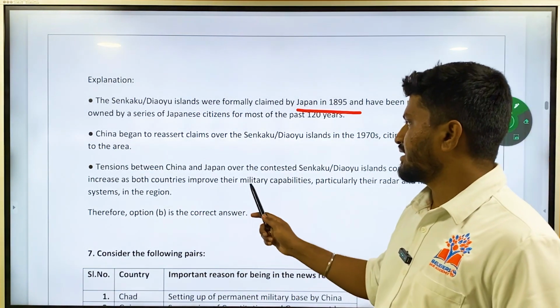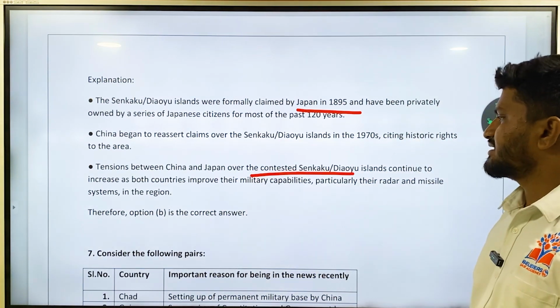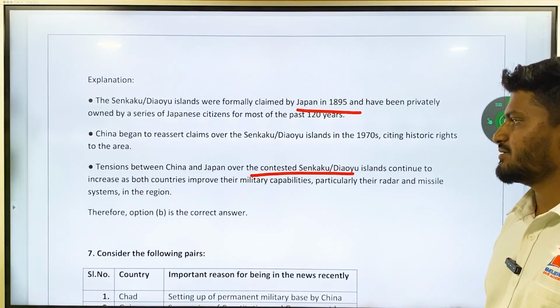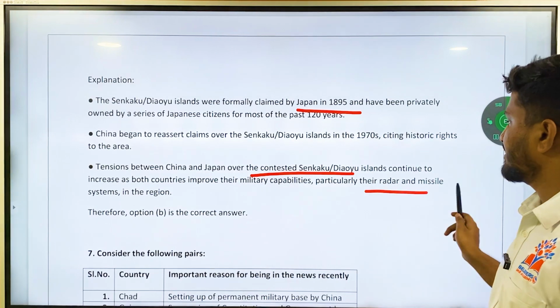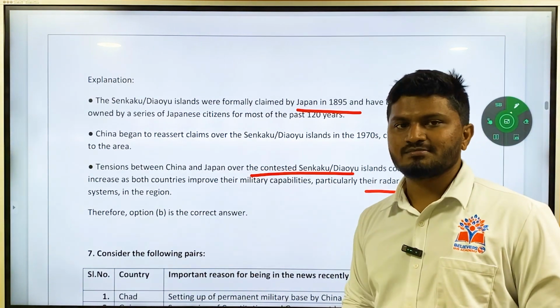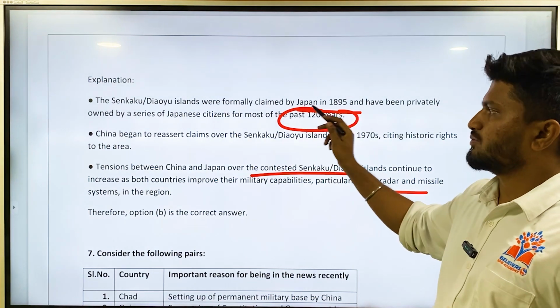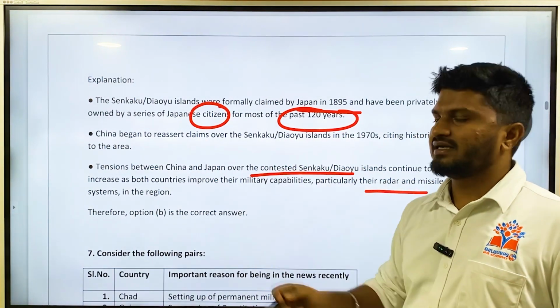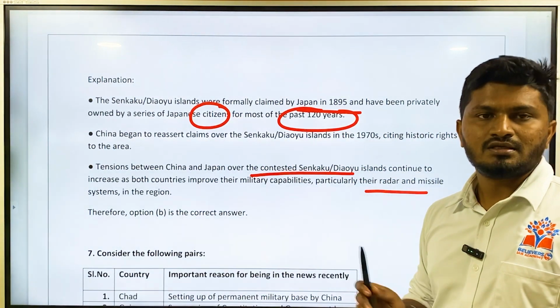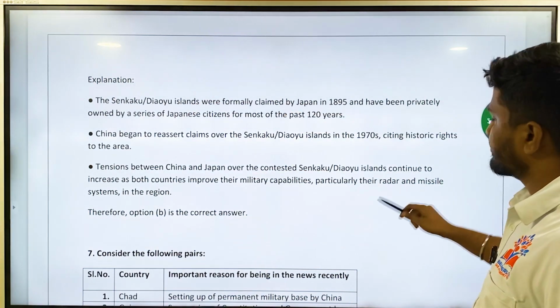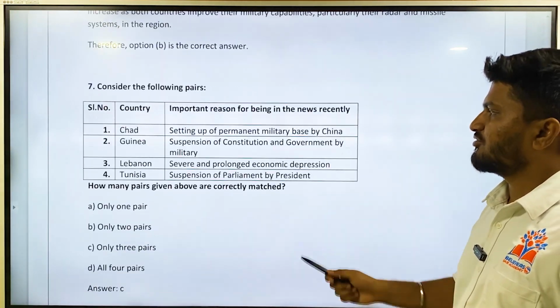Tensions between Japan and China over the contested islands continue to increase as both countries improve their military capabilities, particularly their radar and missile systems in the region. Recently, the Japanese government has bought it from the Japanese citizens and made it a part of sovereign Japanese territory.